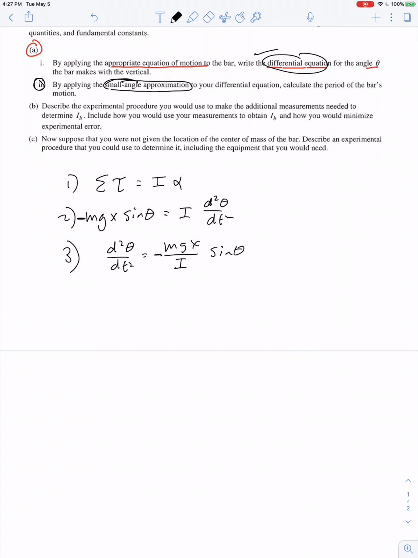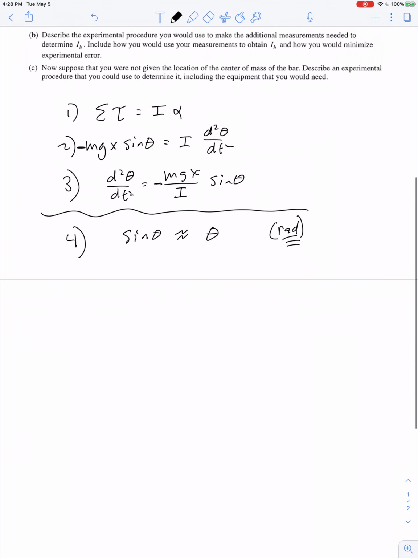Now we have to apply the small angle approximation so that we can solve this differential equation. The small angle approximation just tells us that sine theta is pretty much the same thing as theta as long as the value of theta is small and, more importantly, expressed in radians.